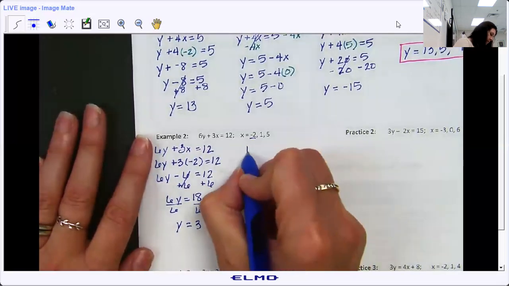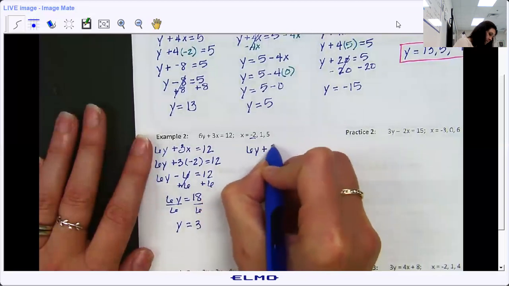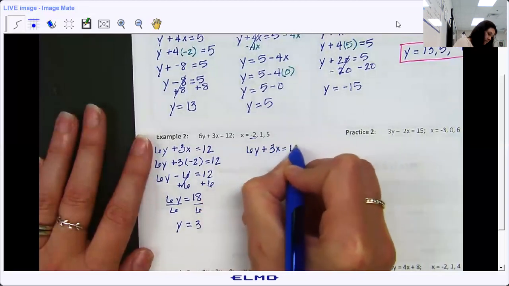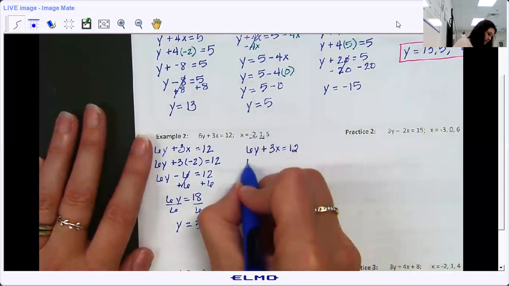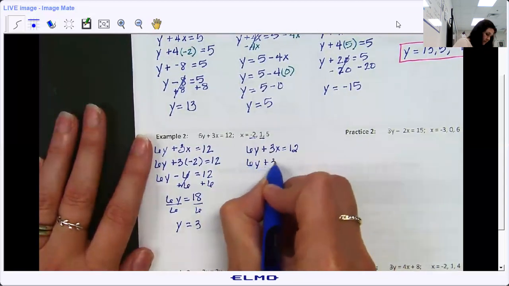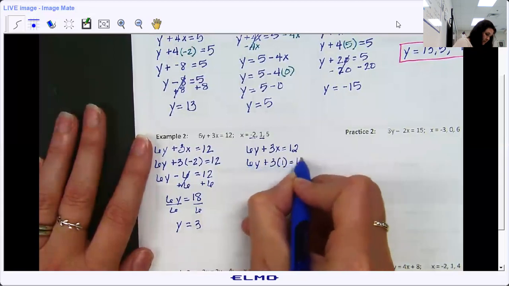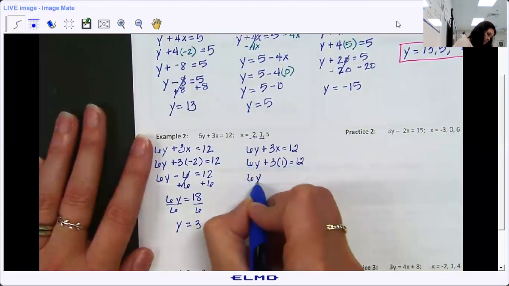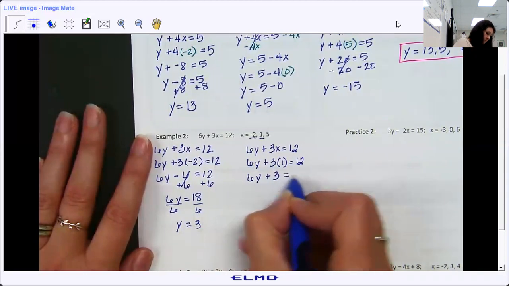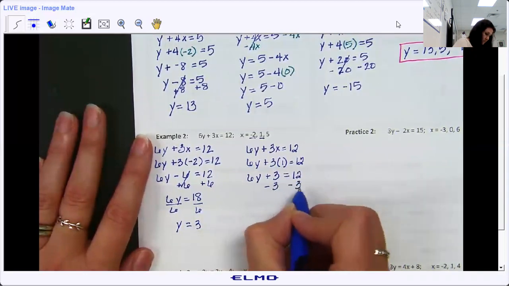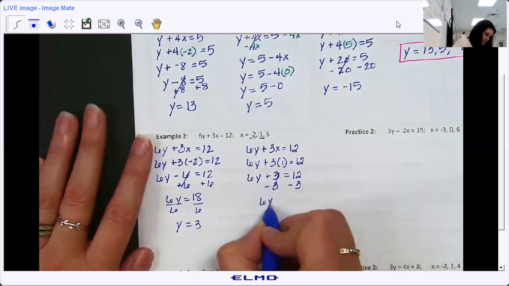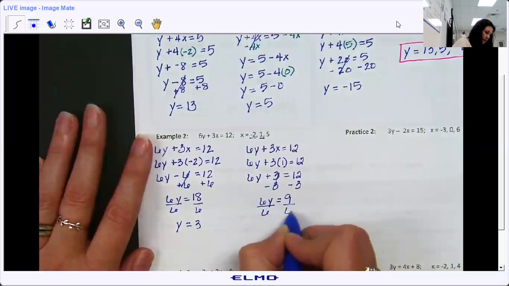Now I'm going to do the next one. This time we're figuring out what y is when x is 1. Okay, so this isn't going to be a whole number.